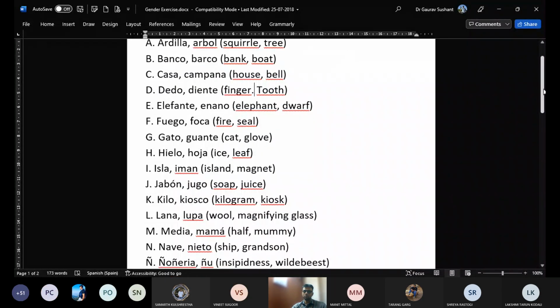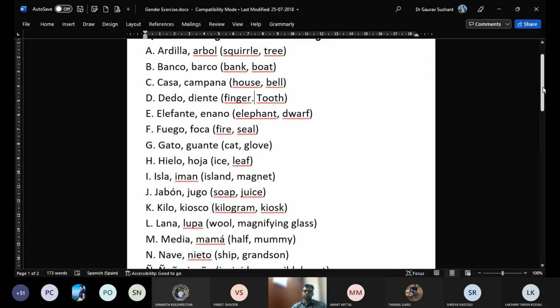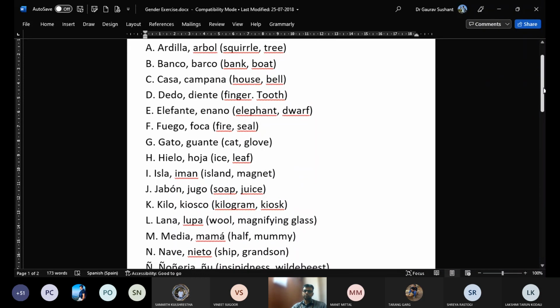I hope all of you are able to see this. For example, I'm just doing the first one. Ardilla and árbol. You have to identify whether these nouns are masculine or feminine. So you can apply the rule which I just explained. It is ending with the letter A, that means it's a feminine noun. So you have to choose the correct article here.